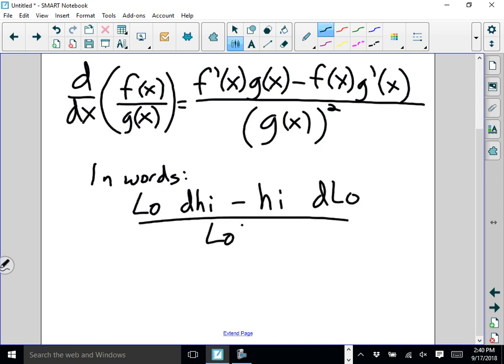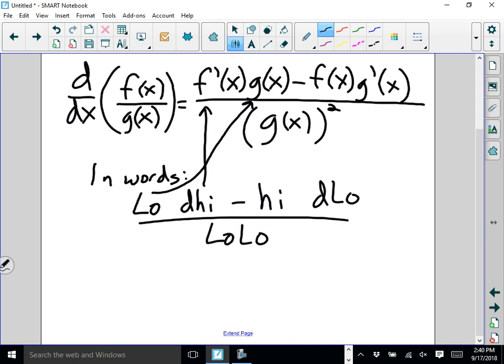Now what the heck does this mean? Well, the low function would be g of x. D high would be the derivative of the high function. And again, because of the commutative property, I can do f prime g or g f prime. It means the same thing.